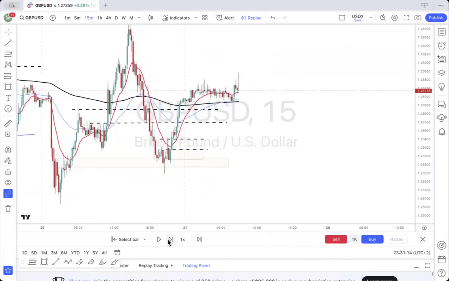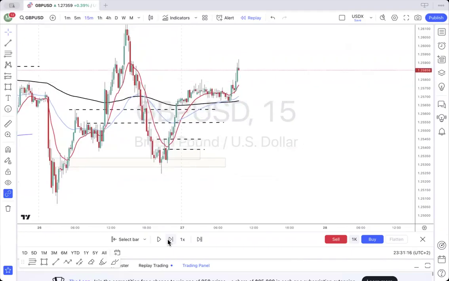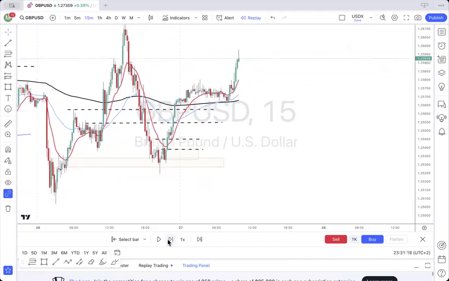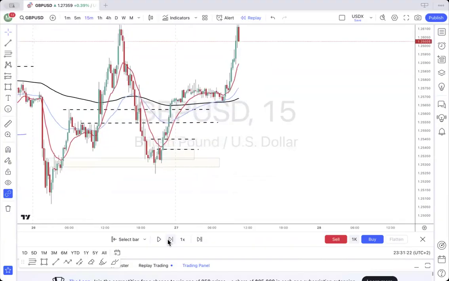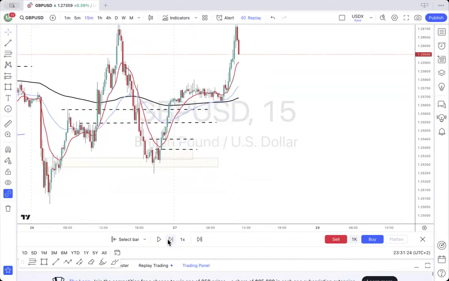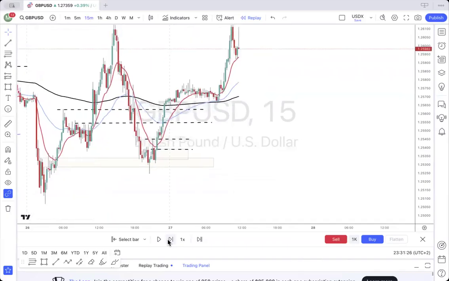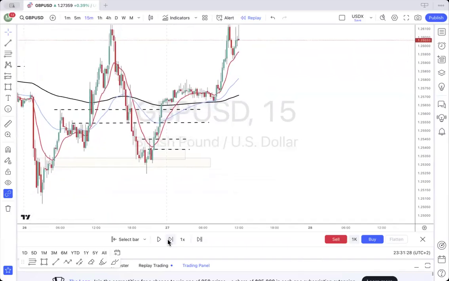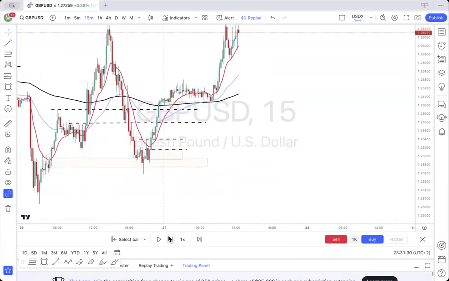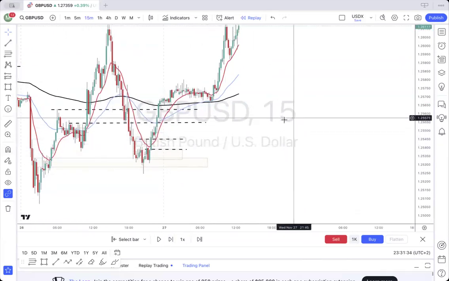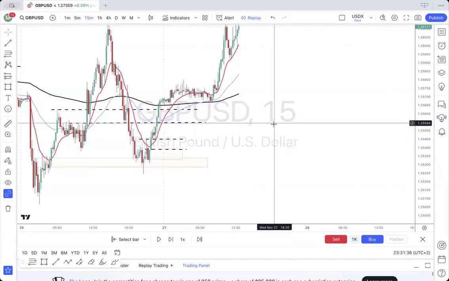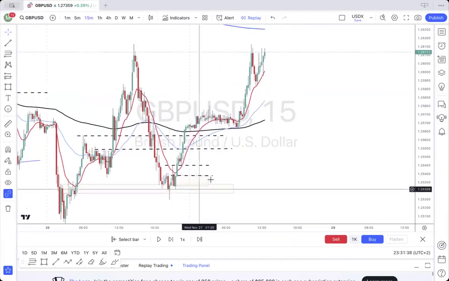Now look at that. The next day, now definitely there is no turning back. There is no coming back to this. Now you already know the market is not going to come for this unless it's news that will come and spike or something.